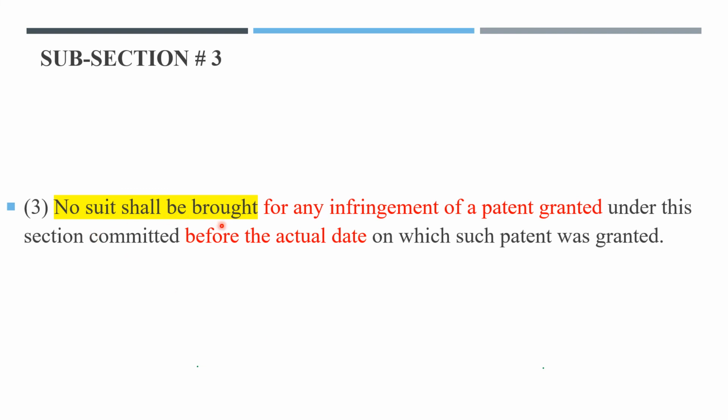So no suit shall be brought for any infringement of a patent granted. That means if a patent is granted under this section and the infringement was committed before the actual date on which such patent was granted, then no suit shall be brought for any infringement. This is the situation. So just remember this.